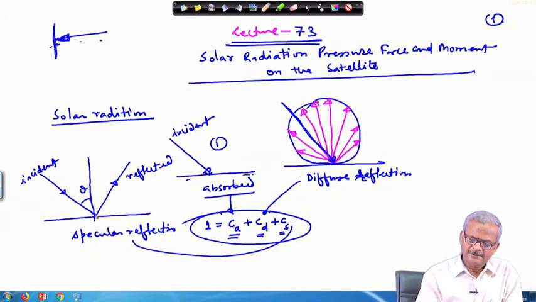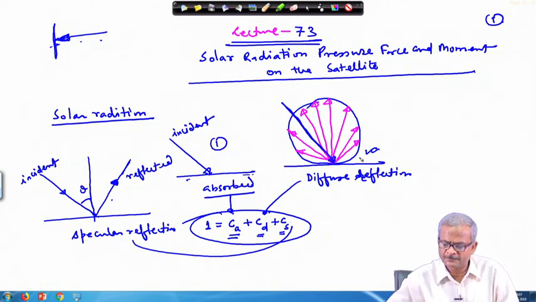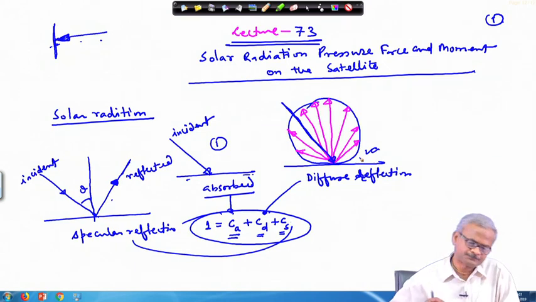Similarly, here in this case, an incident ray is coming in this direction, and then it is getting reflected here. So, what will be the total momentum transferred? And here in this case, this is the diffuse one. For this also integration is required, and the corresponding force applied can be computed.